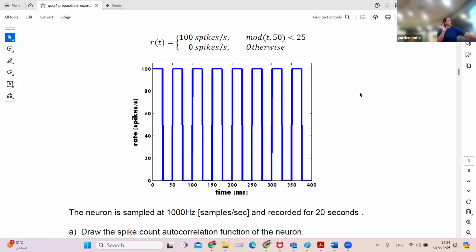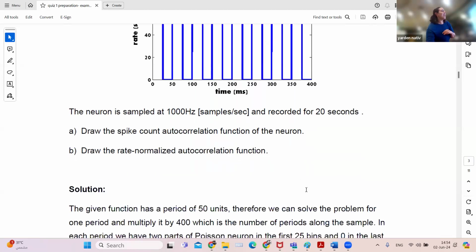No, in each second, I have 20 like this. So if I have 20 seconds, it's 400. Do you understand? Sorry, I got confused myself.